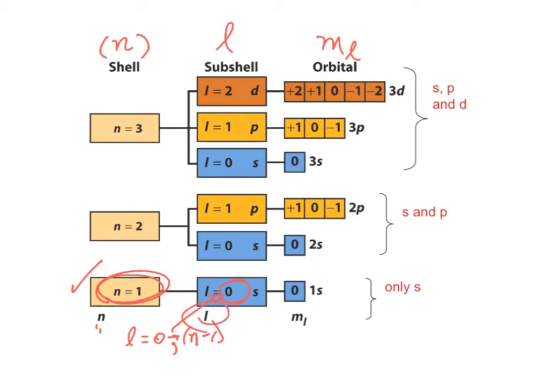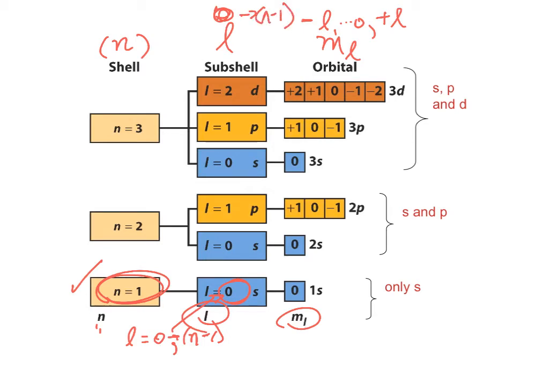And if l is 0, m sub l is automatically 0. Just a reminder, m sub l values can go from minus l, progress through 0, and then up to the maximum value of plus l. I'm going to put the limitations above them. That might be helpful. l goes from 0 to a max of n minus 1.